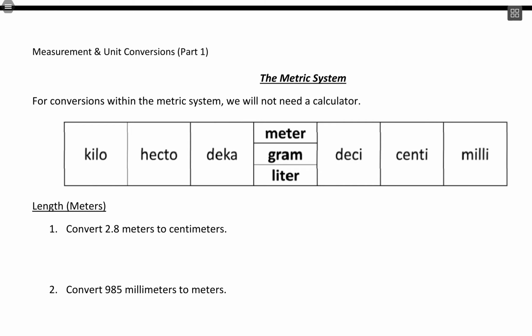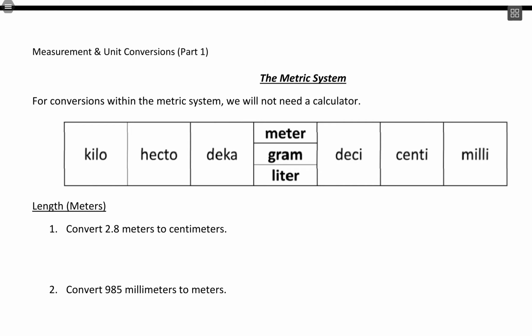Then for weight and mass, there are grams, kilograms, hectograms, decagrams, decigrams, centigrams, milligrams. And with liters, kiloliters, hectoliters, decaliters, deciliters, centiliters, milliliters.